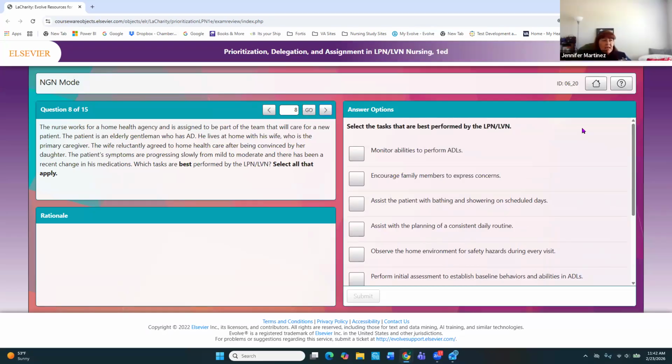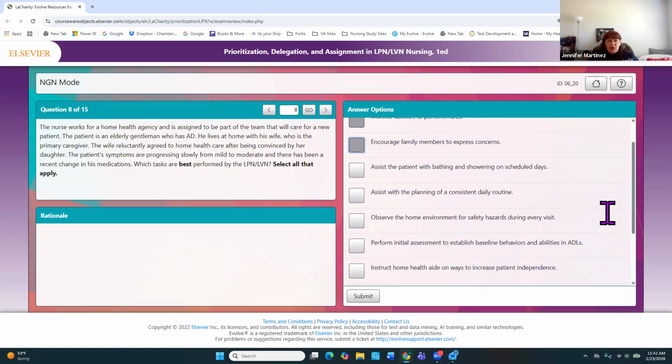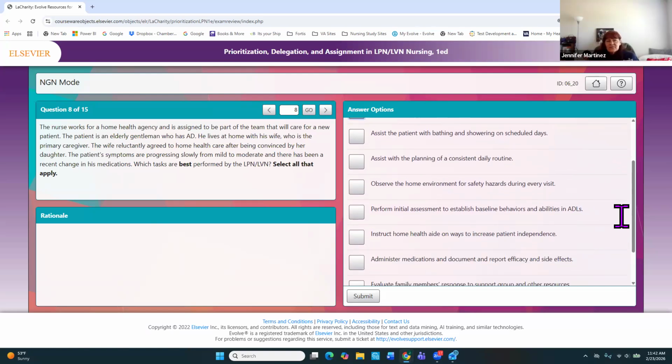So, can the LPN monitor abilities to perform ADLs? Yes. All right. Can the LPN encourage family members to express concerns? Yes. All right. Can the LPN assist the patient with bathing and showering on scheduled days? They can, but is that their scope of practice? No. Okay.